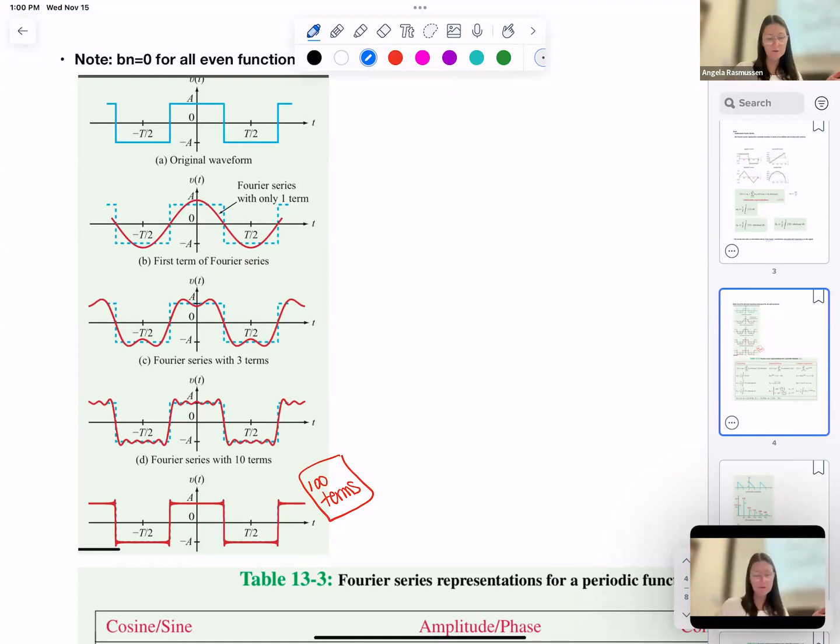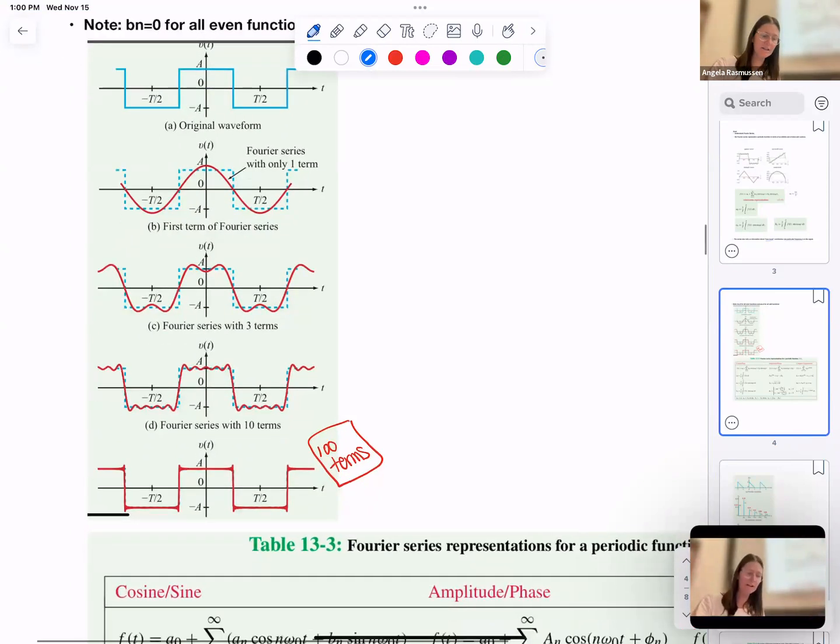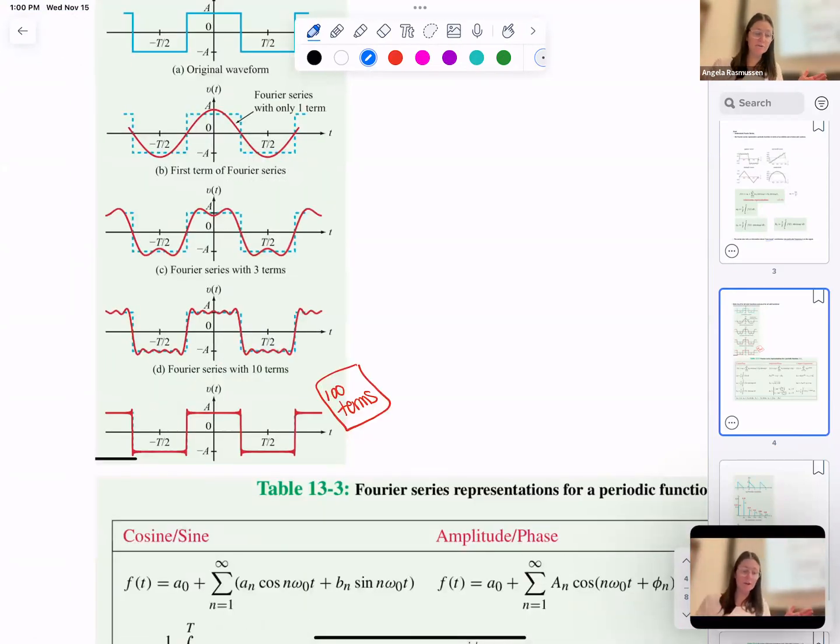If I have two or three terms in that series, I get to C. When I have 10 terms, it looks like D. And when I have a summation of 100 sinusoids, it almost looks identical. And that would be like E. So you can see as you add up more and more sinusoids, I can get this to pretty much mimic any signal. And granted, I have to have 100 terms to make it look good.